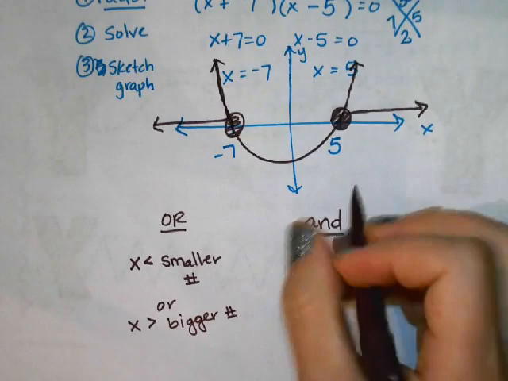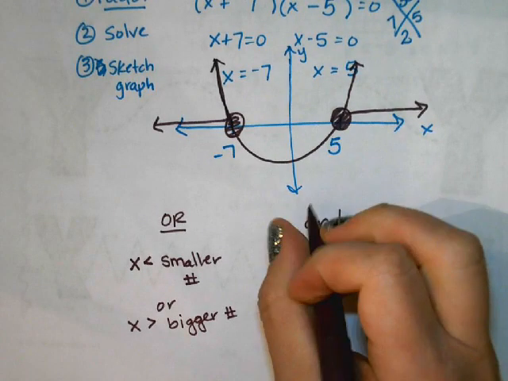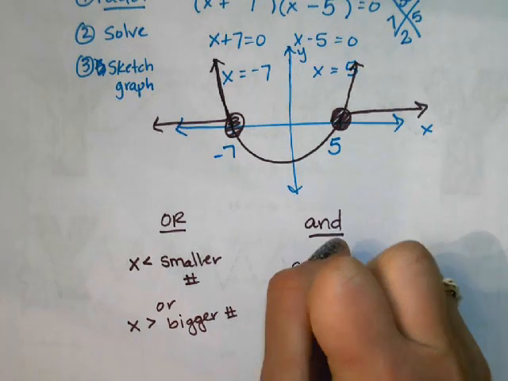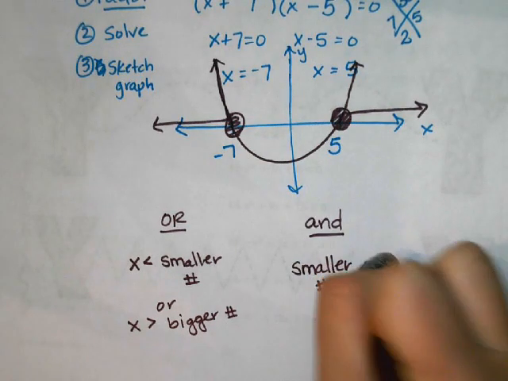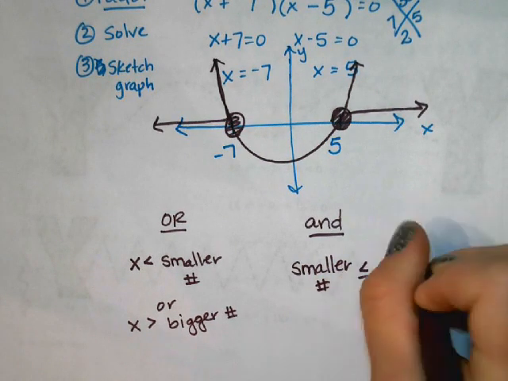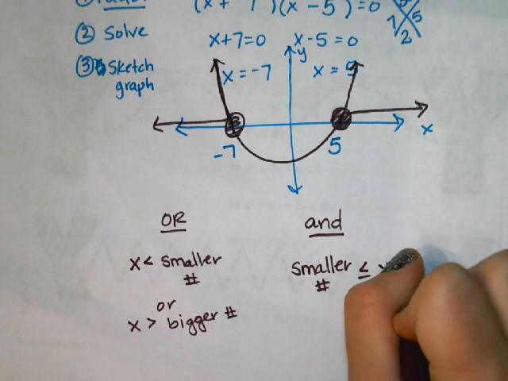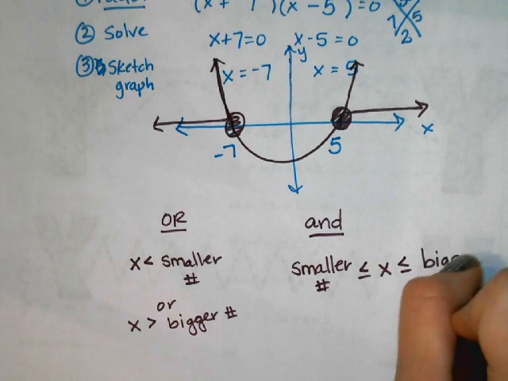With an and, I shouldn't see the word and, but I should see smaller number, less than or equal to, if it has it with it, x less than or equal to bigger number.